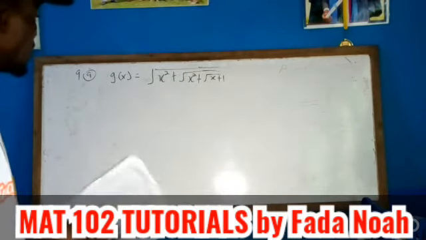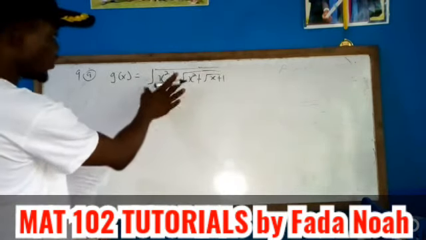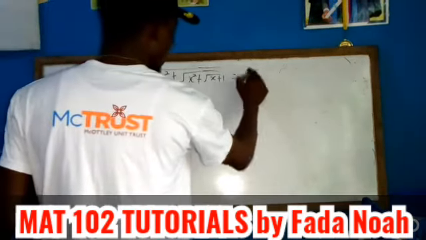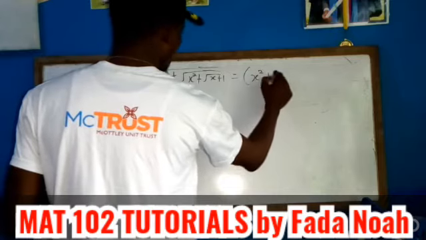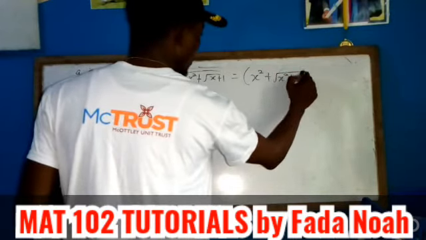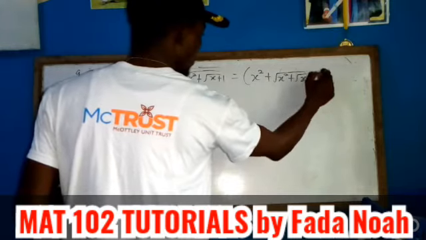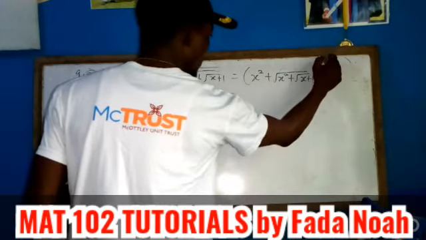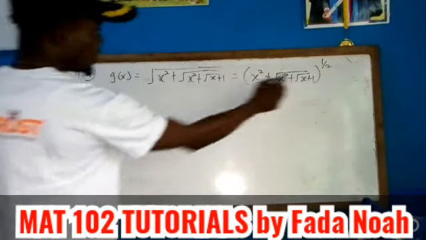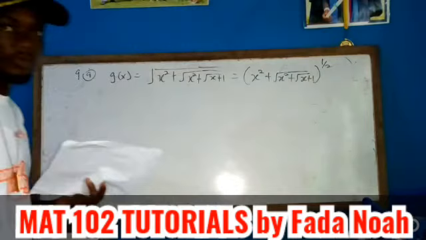So we write this expression as x squared plus the square root of x squared plus the square root of x plus 1, all exponent 1 over 2. This bigger square root is the same as the exponent 1 over 2 over there.